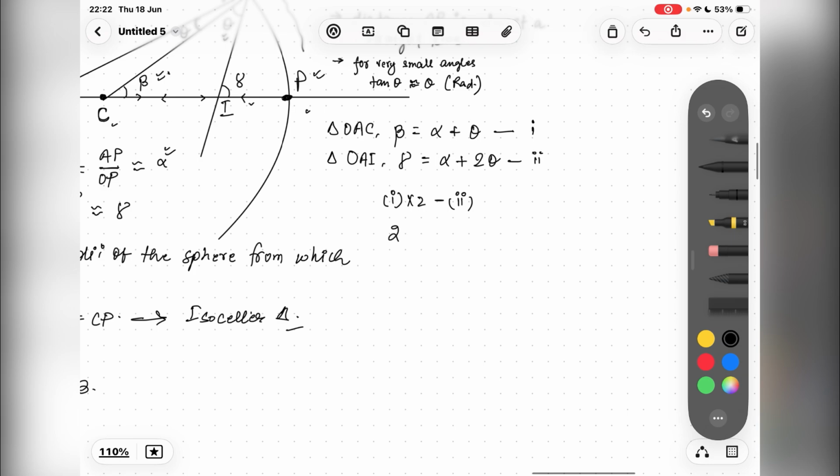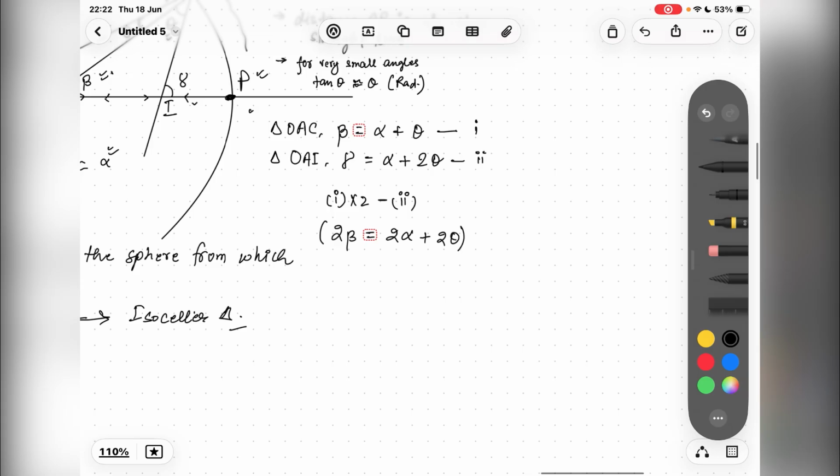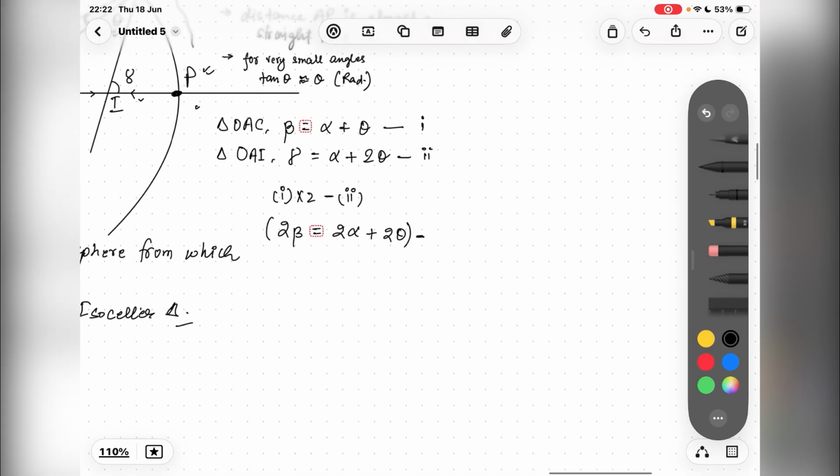So we will have 2 beta equals 2 alpha plus 2 theta, minus gamma equals alpha plus 2 theta.